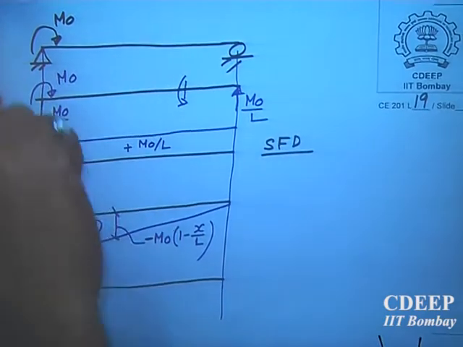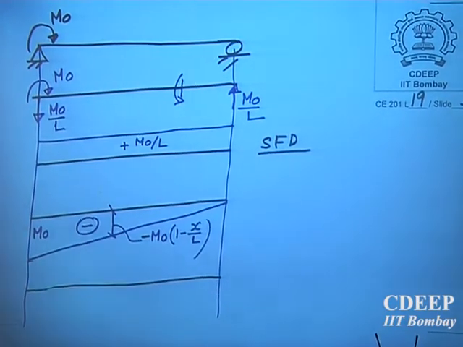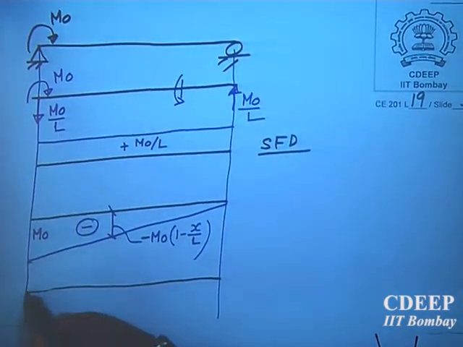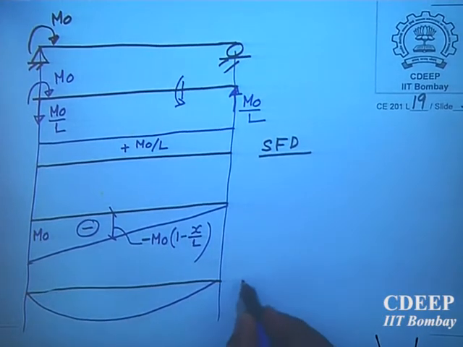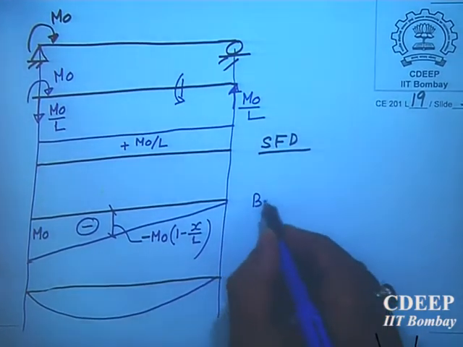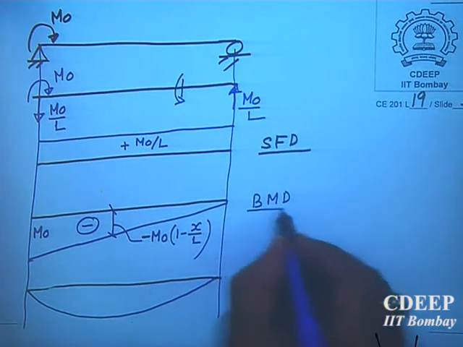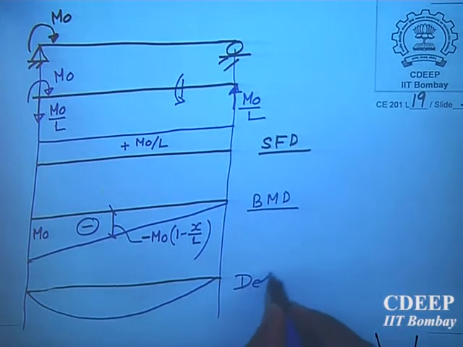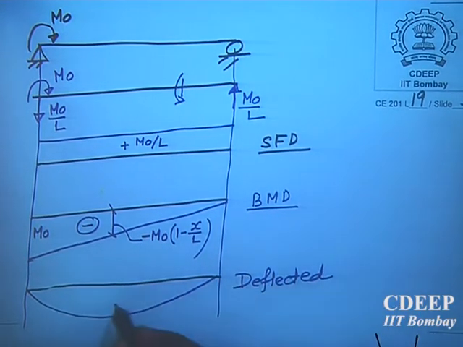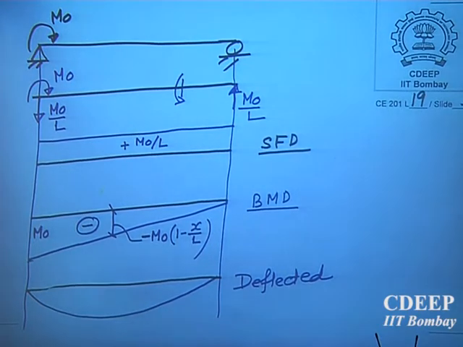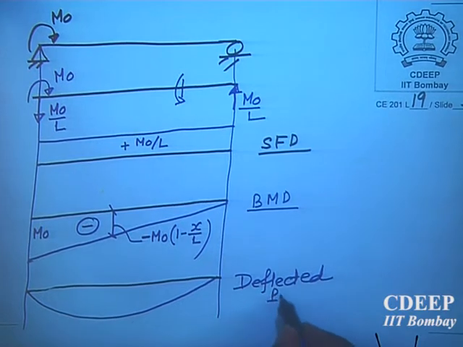Now here you are applying a moment, so the deflected profile will be like this. This is the deflected profile. This is BMD. Yes, tension at the bottom. So take it, deflected profile.